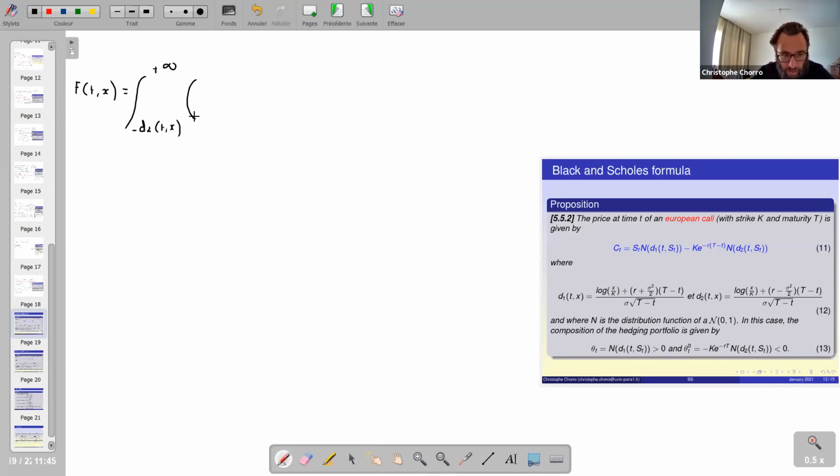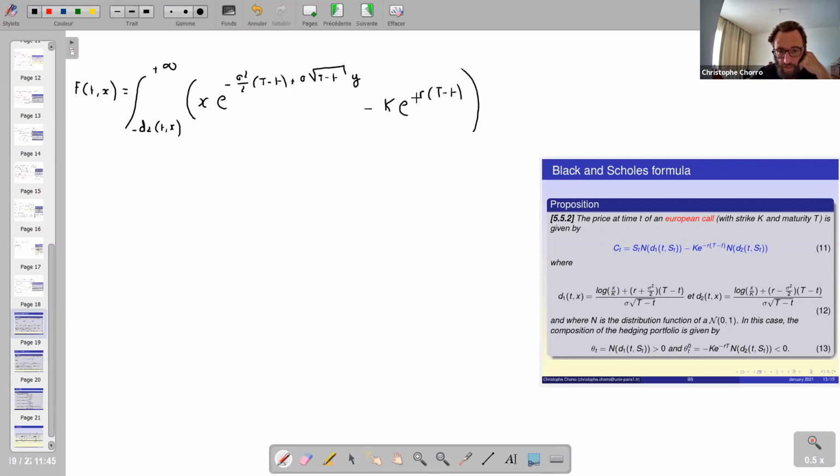So I copy the same thing, that is x exponential minus sigma square over 2 (capital T minus T) plus sigma the square root of capital T minus T y, minus K exponential minus R (capital T minus T).